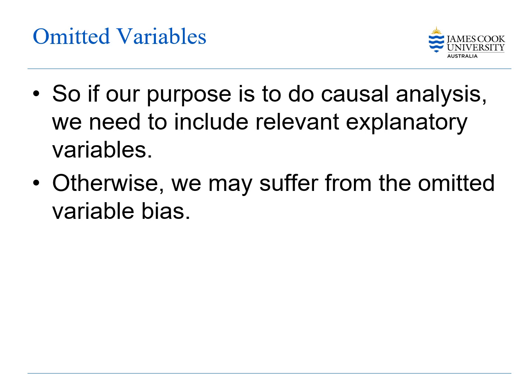So if our purpose is to do a causal analysis, we want to find the causal effect of x on y, and we need to include relevant explanatory variables. Otherwise, we can suffer from what is called omitted variable bias. What is this? Let's have a look.